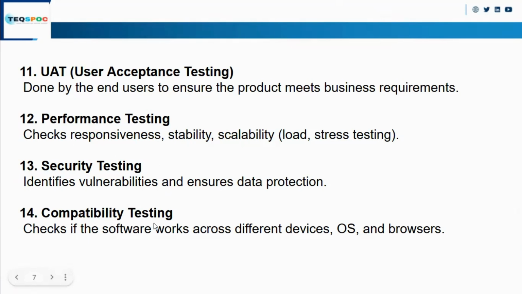Then compatibility testing means checking if the software works across different devices, OS and hardware. So basically, if some customer asks you to make a software for his business, nowadays the software is being accessed from different devices.